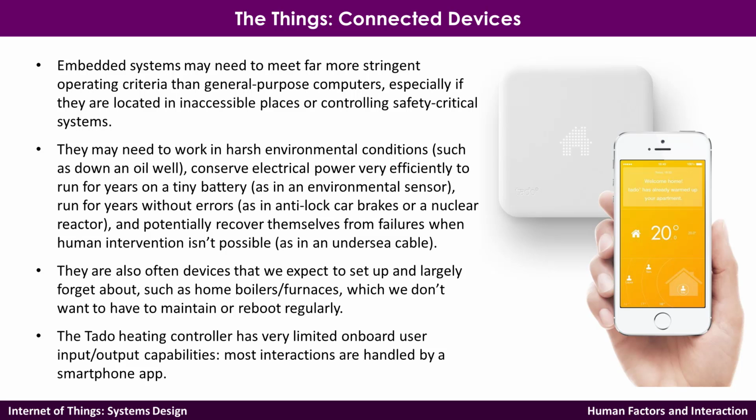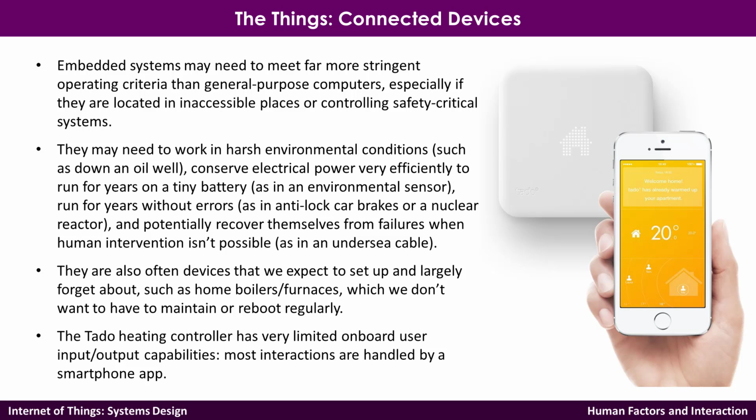And then sometimes they need to run without any errors, because if it is a critical system like car brakes or nuclear reactors, they need to work perfectly all the time. They cannot have downtime like an operating system or a cloud system. They have to work all the time.